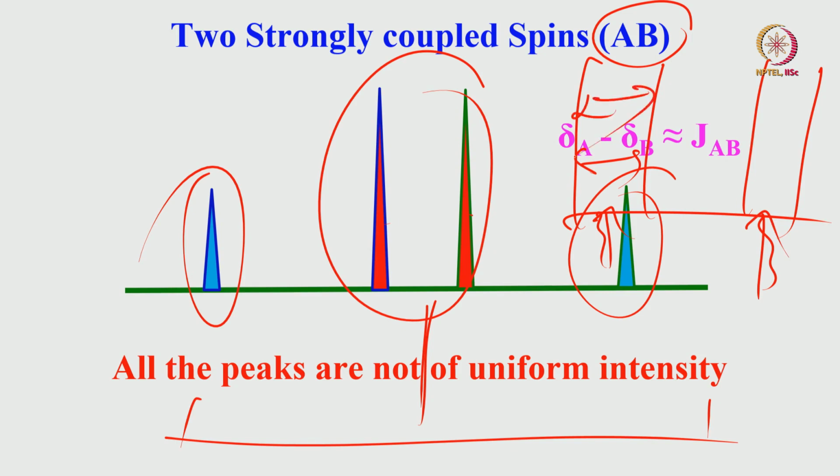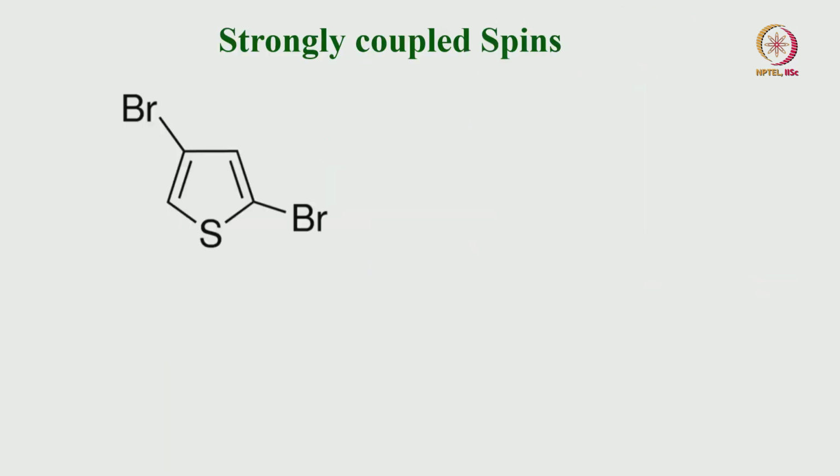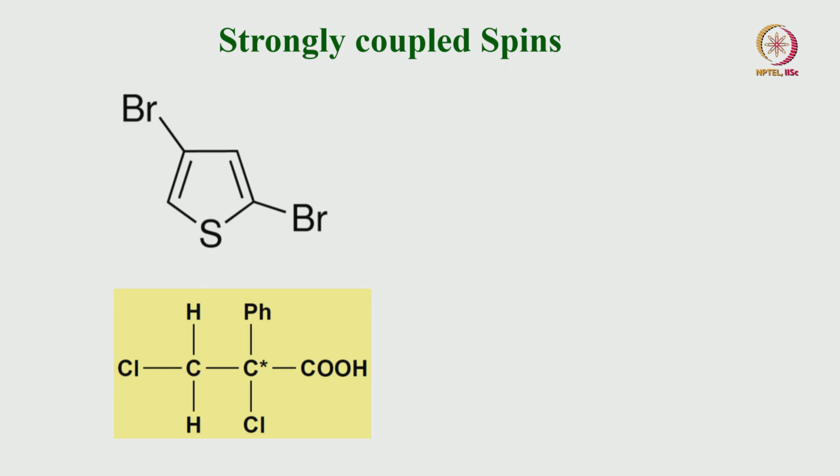This is called straightforward analysis, a first order analysis, which is easy in the weakly coupled case. But in the strongly coupled case, first order analysis is not possible. You cannot analyze it this way.